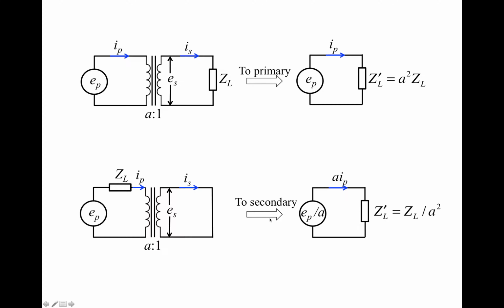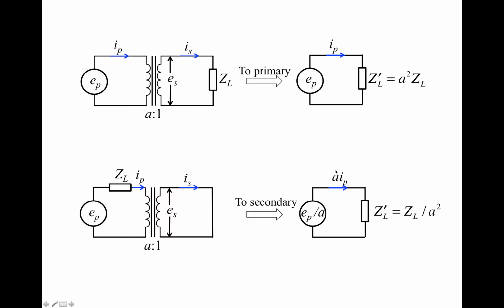If we would like to get rid of the transformer altogether and also the primary side circuits, all we need to do is replace the secondary voltage ES with EP divided by A. That's the first relation that we have obtained. EP over ES must equal A, so ES must be equal to EP divided by A. And then the secondary current IS must be replaced with A times IP.